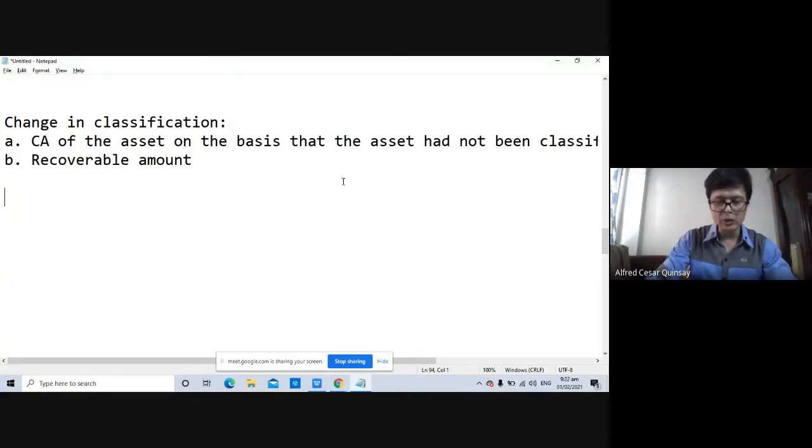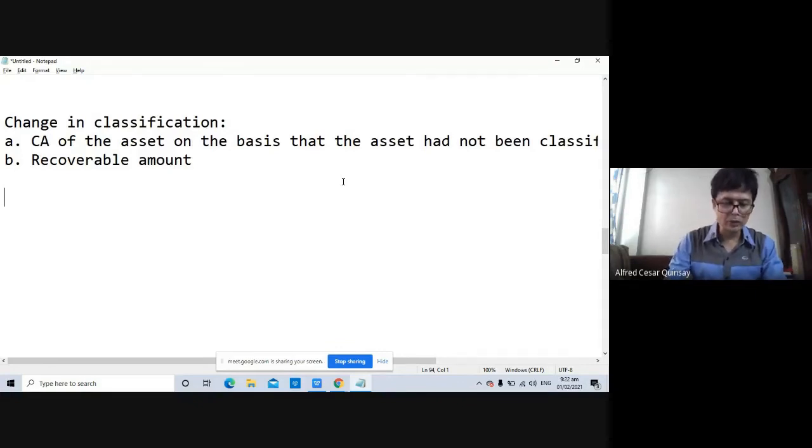The fair value less cost of disposal of the equipment on December 31, 2021 is 3.2 million. So the fair value less cost of disposal is lower, and we will compare the carrying amount and the fair value later. On December 31, 2022, the fair value less cost of disposal of the equipment is 3.6, so it increased from 3.2 to 3.6.